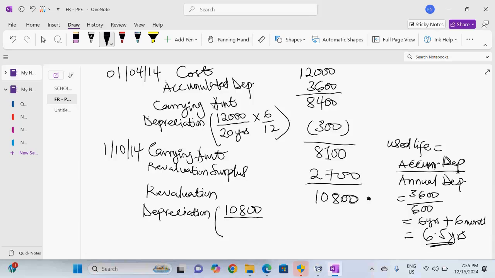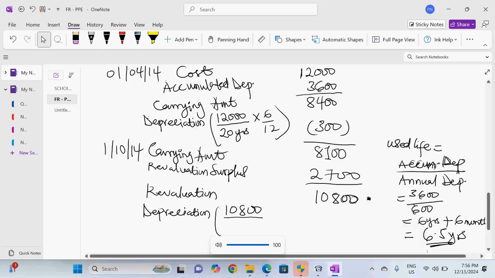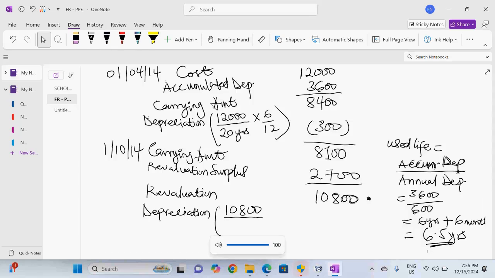Any question? Yes, please ask your question. Can you add the 300 to the 3,600 and use it to calculate the useful life straightforward?